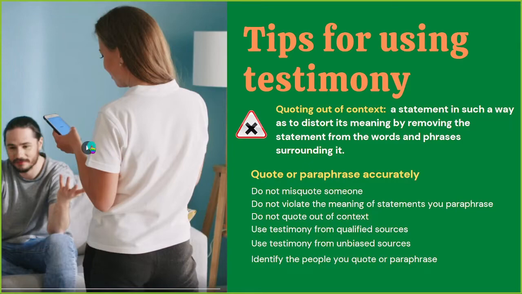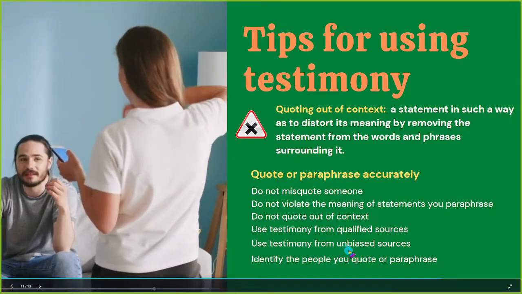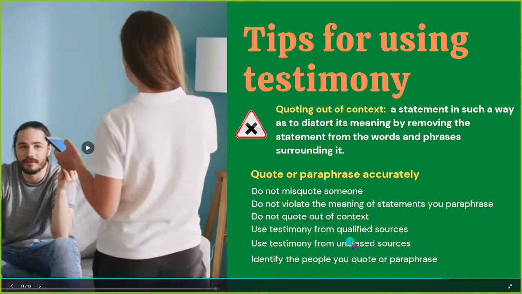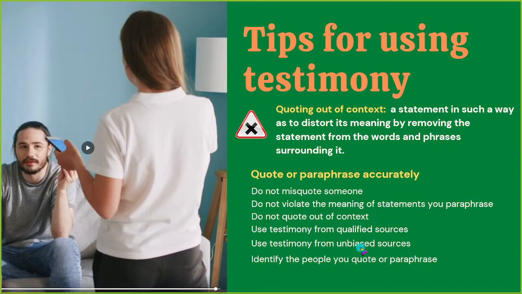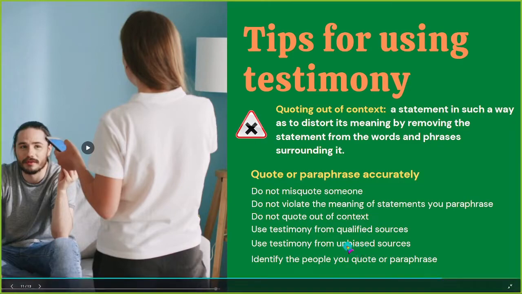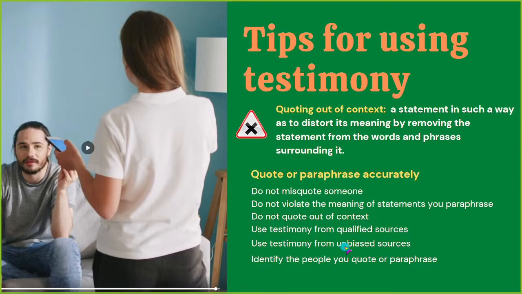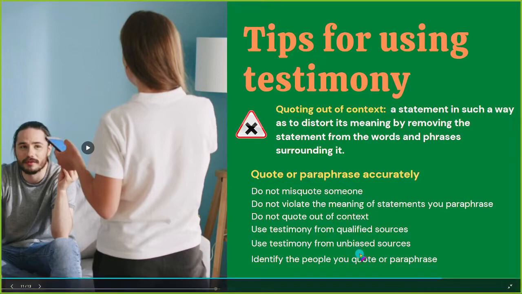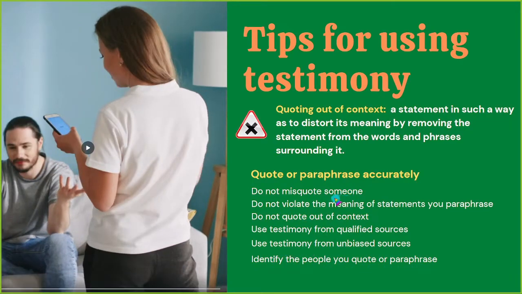And of course, use testimony in an unbiased way. Do not show only one side of the story. Don't do that, and identify the people you quote or paraphrase. Of course, you have to cite them. So you have to look at how to cite a person in your outline and in your speech. You can look on the internet for how to do in-text citations.